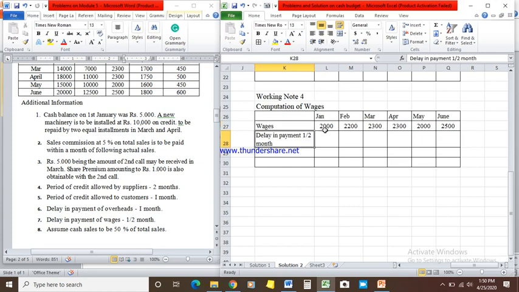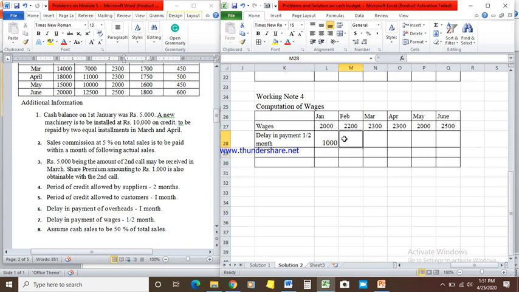But even though the payment is 2,000, 2,200 in respective months, since there is a delay in the payment of wages by half a month, which means in the month of January we will be making only 50% payment of the total wages due. That is only 1,000 rupees will be paid in the month of January. The balance 1,000 will be paid in the month of February, and February's payment, which is 2,200, again of that half payment will be made in the month of February, remaining half will go in the month of March.